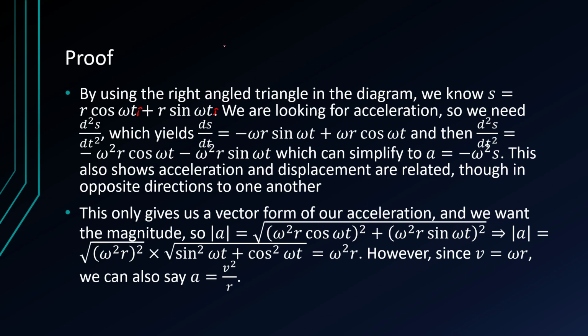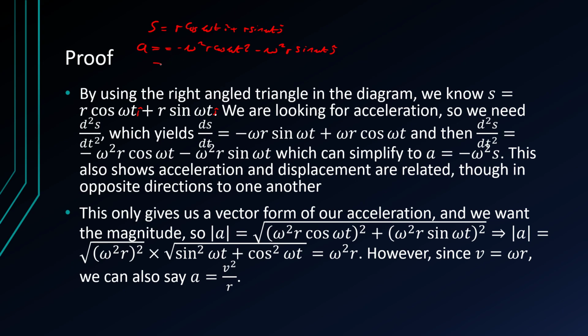Now, we will get onto this slightly more, but this motion is simple harmonic because the acceleration is proportional to the negative of the displacement undergone. But how we get from this to minus omega squared s is we know that s is r cos omega t i plus r sine omega t j, and we're seeing that a is minus omega squared r cos omega t i minus omega squared r sine omega t j.